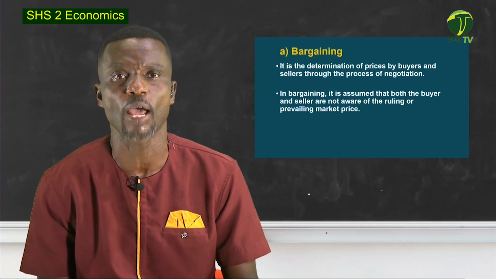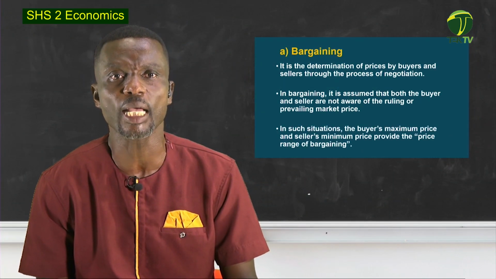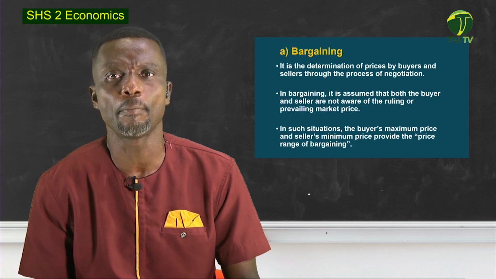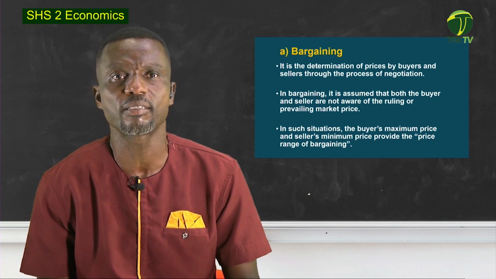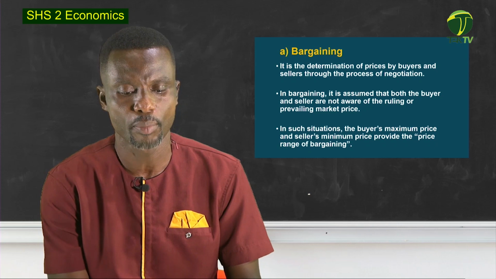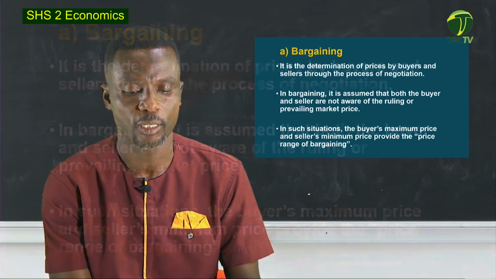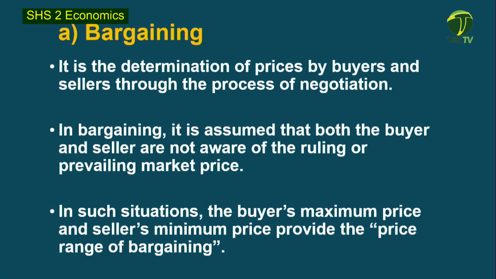In such situations, therefore, the buyer's maximum price and the seller's minimum price are what we will use. They will provide us with a range of bargaining.